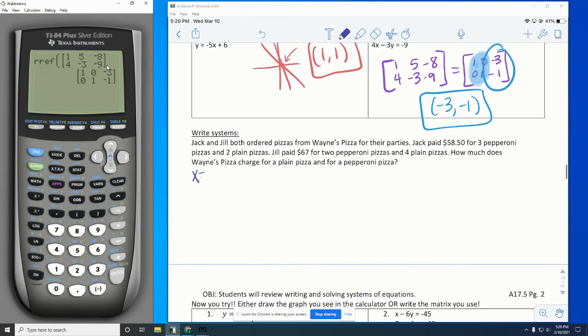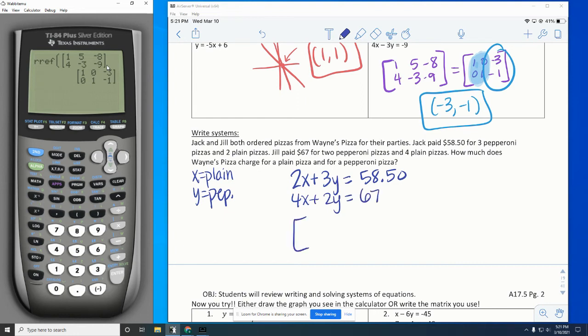So we'll use X for plain and Y for pepperoni. You can use different letters. So for Jack, let me go in order: 2 plain and 3 pepperoni for $58.50. And Jill got 4 plain and 2 pepperoni for $67.